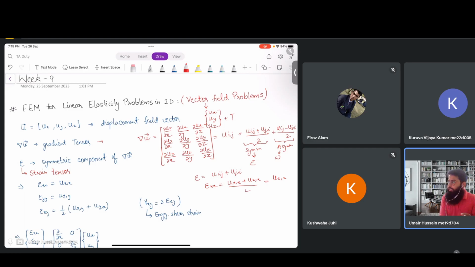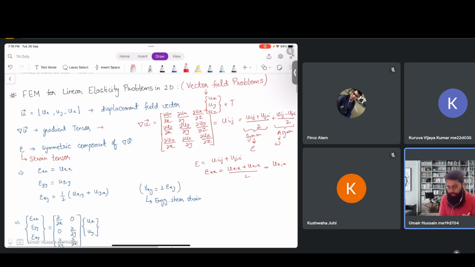But we are considering 2D for now, so we'll only care about the x and y components, and the off diagonal component would be given by this. So right now it's just epsilon_xy, and this would be equal to epsilon_yx because of symmetry.